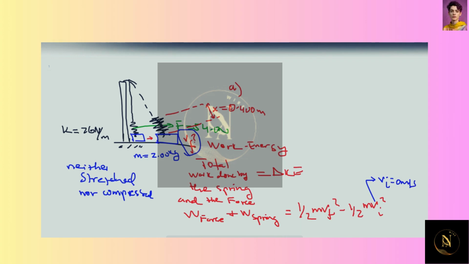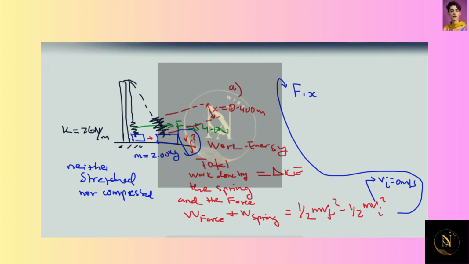And so using this formula, we're going to plug in. We're going to go up here and say the work done by the force is the force itself times the displacement. The spring is opposing that movement.